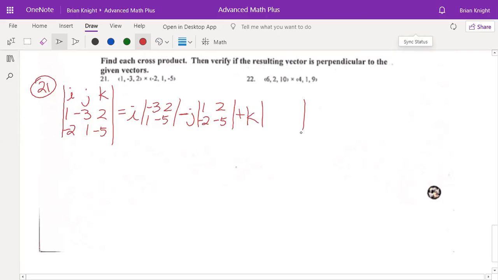Plus k. Cover up k's column. We'll have a 1 and a -3, and a -2 and a 1. This is where you cross multiply and subtract. Correct.